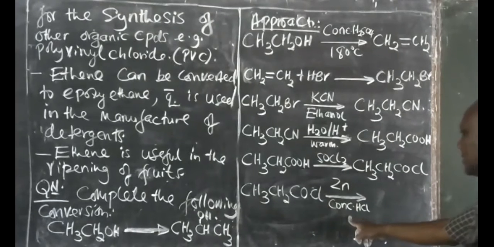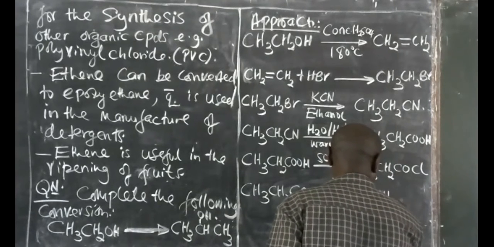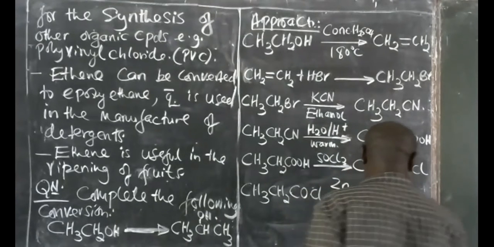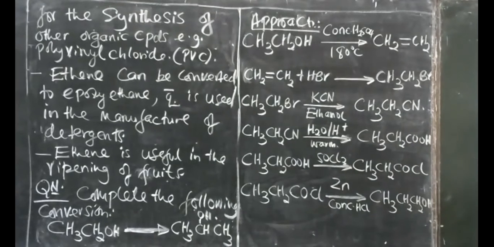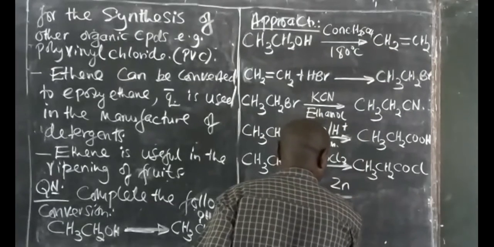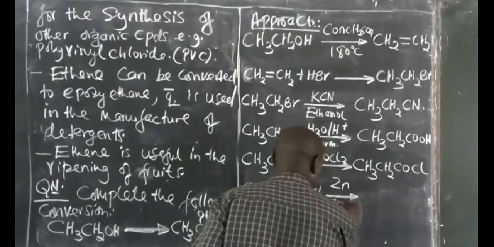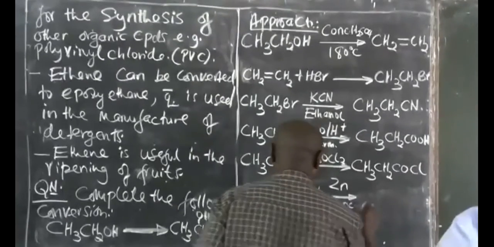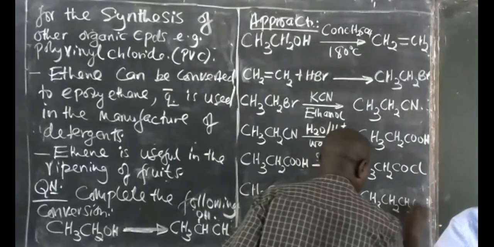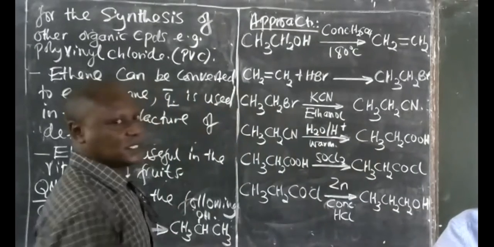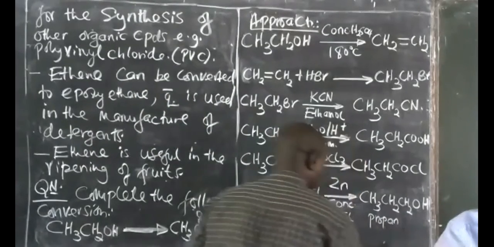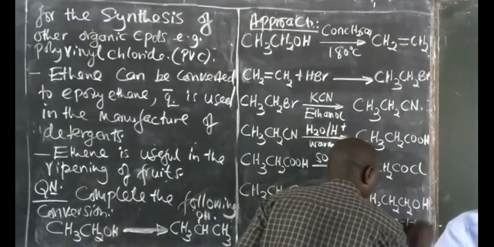Zinc in the presence of HCl is going to give us CH3CH2CH2OH, which is propan-1-ol.